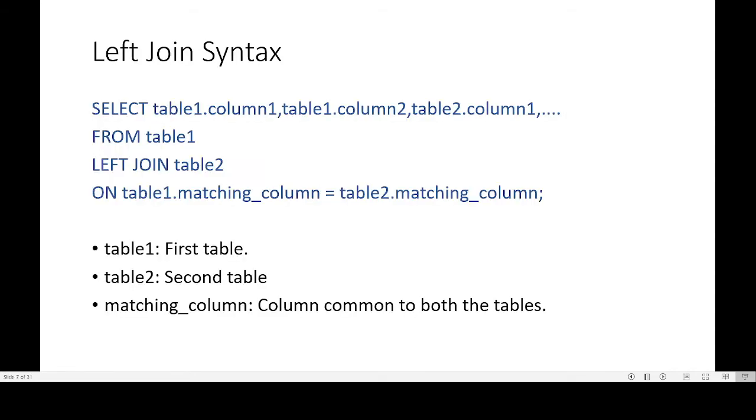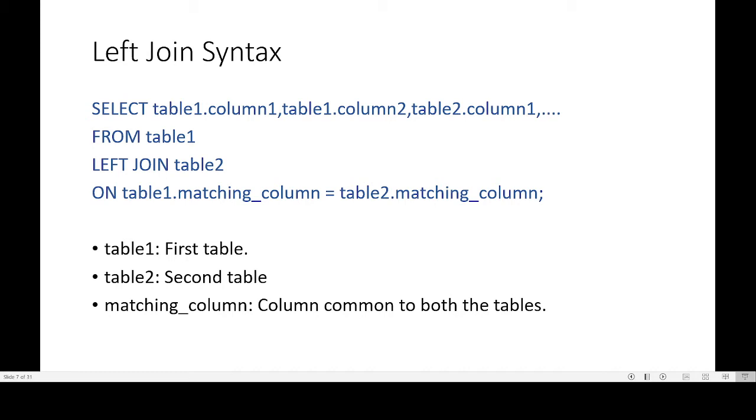Now the syntax for the left join is similar. Select table 1 dot column 1. Now you know what this table 1 dot column name is. Table 1 is the name of the first table, and column 1 is the name of a column present in table 1. Then table 1 dot column 2, table 2 dot column 1. This indicates that we are taking one column from the second table.